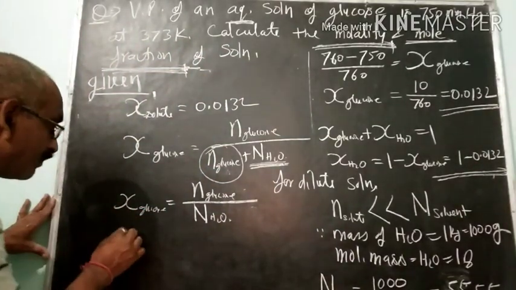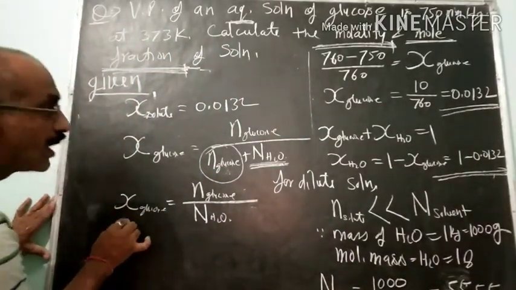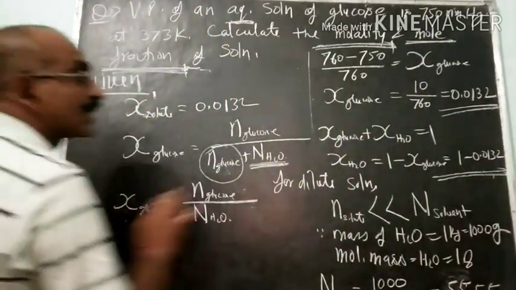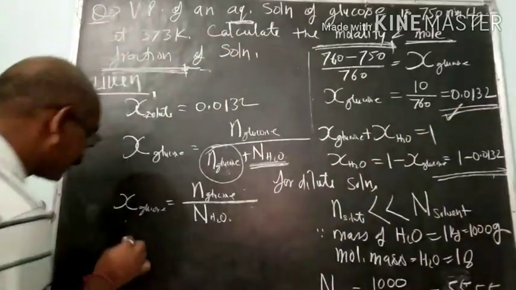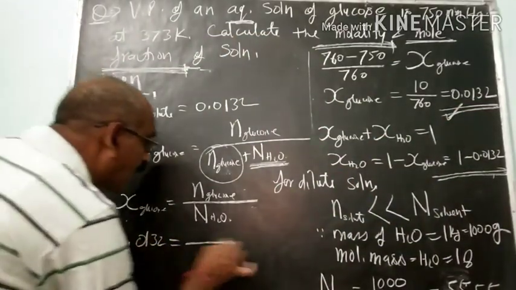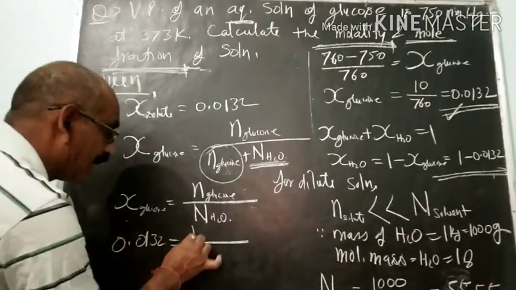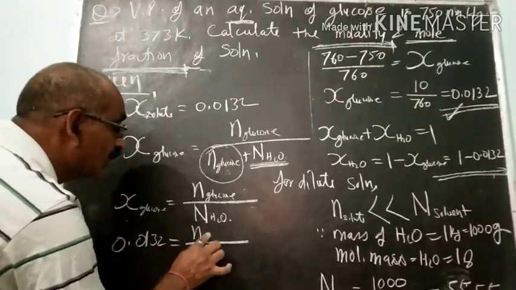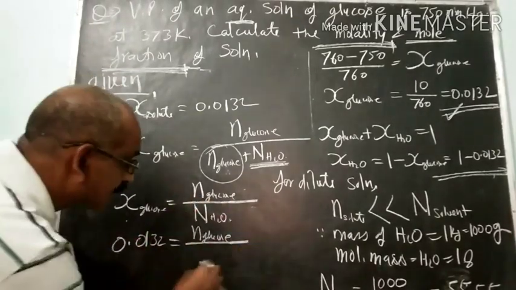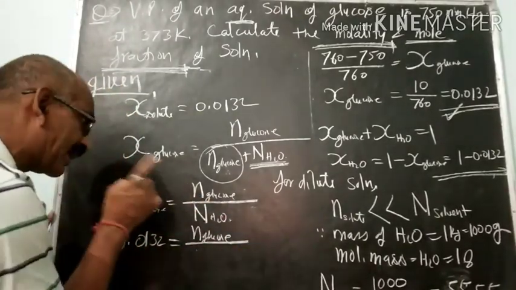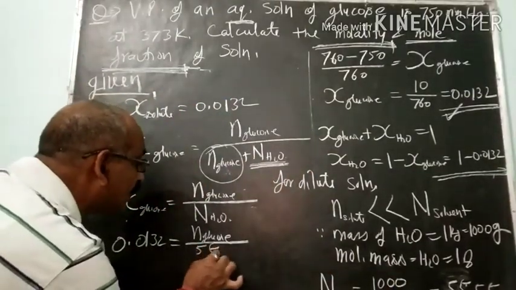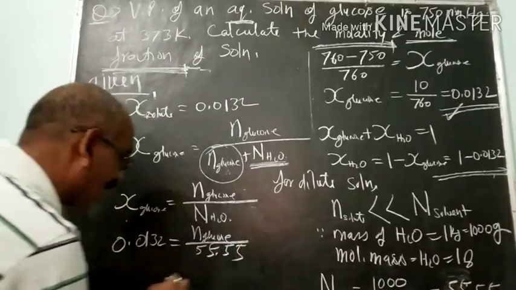So in this way, the mole fraction is already determined. It comes 0.0132, which equals N, the number of moles of glucose dissolved in 1 kg of the solvent, over 55.55, the number of moles of solvent in 1 kg of solvent.